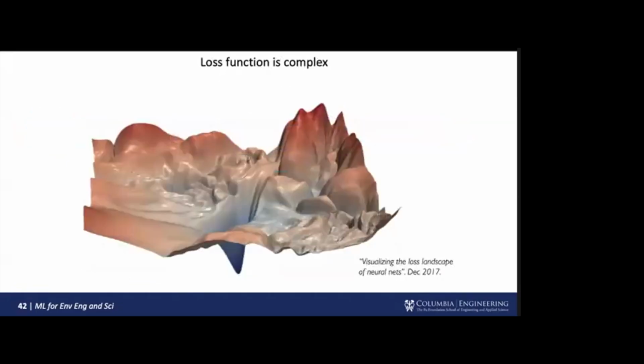Okay, this image shows what a neural network's loss landscape can look like. The loss is a function of the neural network weights. And in deep networks, this function becomes extremely complex. It has many valleys, ridges, and flat regions. That's why training is difficult and why optimization is not guaranteed to find the absolute best solution.